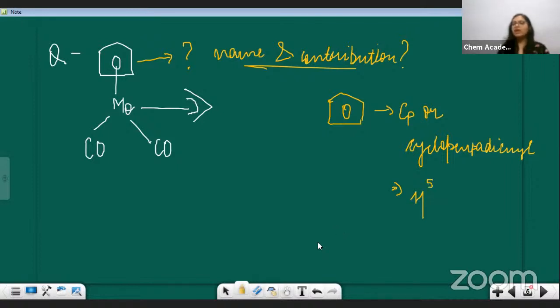Now someone had asked me earlier, what is hapticity?